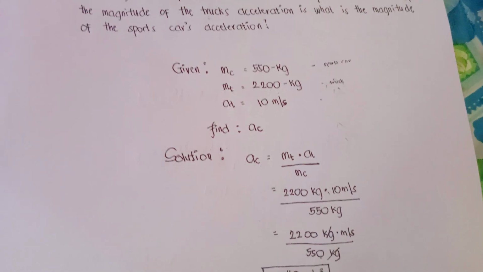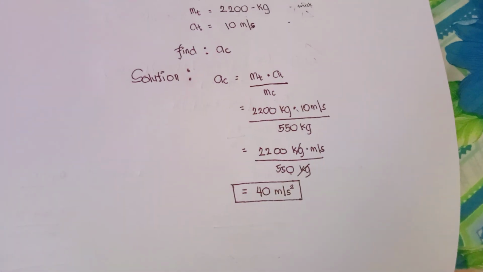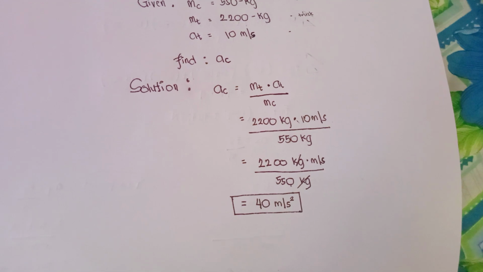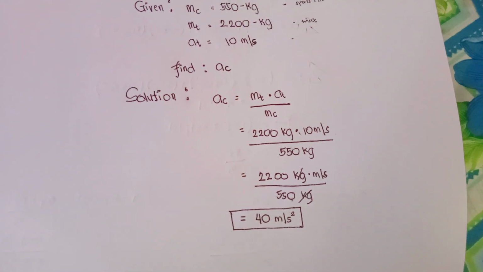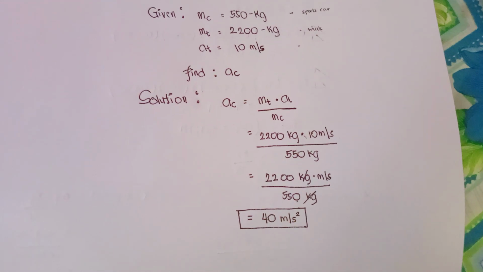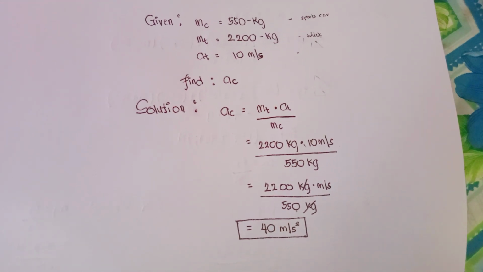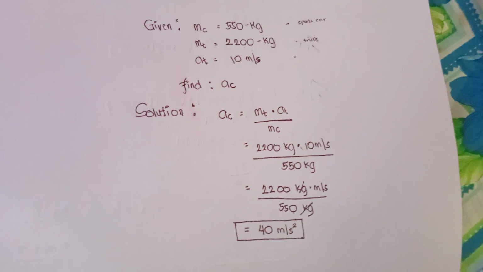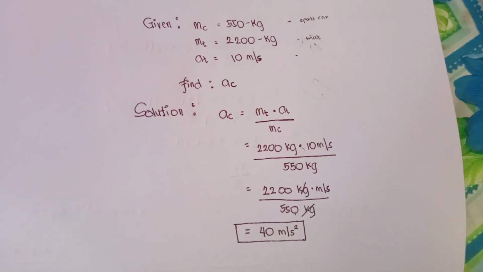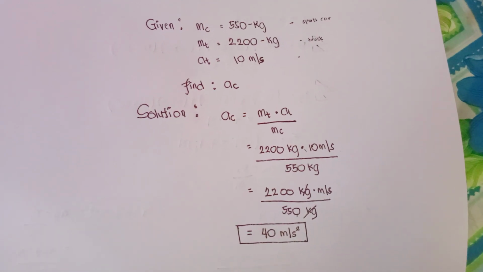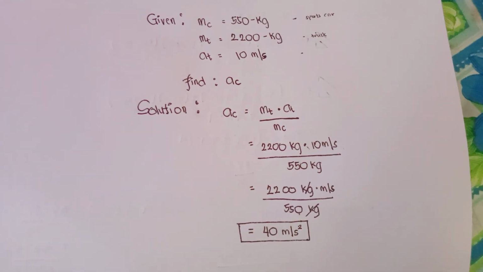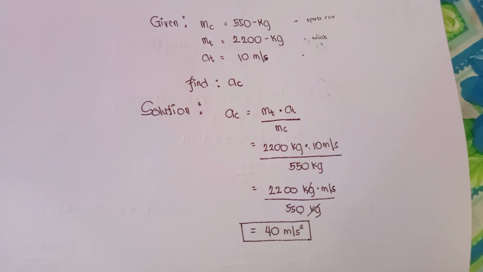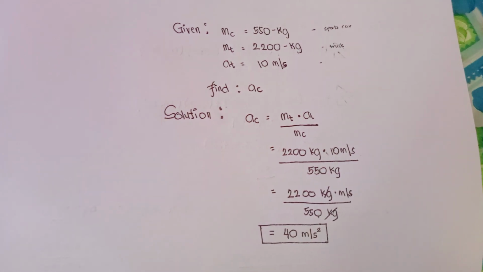Finding AC, the solution: AC equals MT times AT over MC, equals 2,200 kg times 10 meters per second squared over 550 kg, and the final answer is 40 meters per second squared.